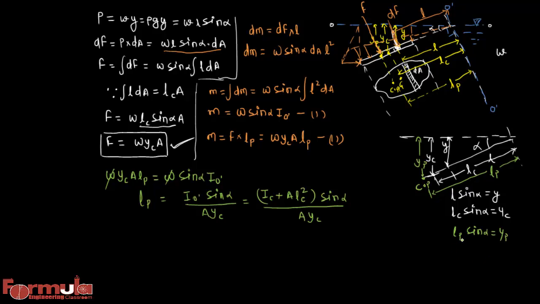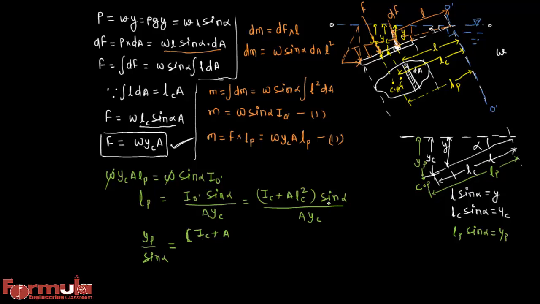So by the use of this one, LP is equal to YP by sin alpha. So I can write this is YP by sin alpha equals IC plus A.